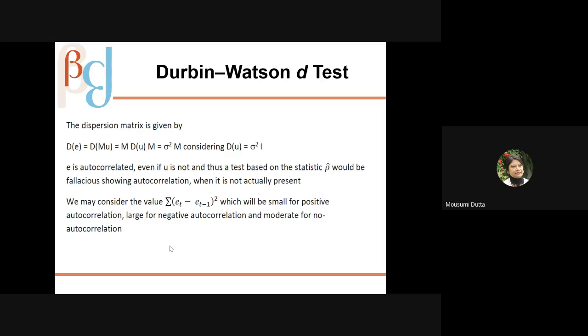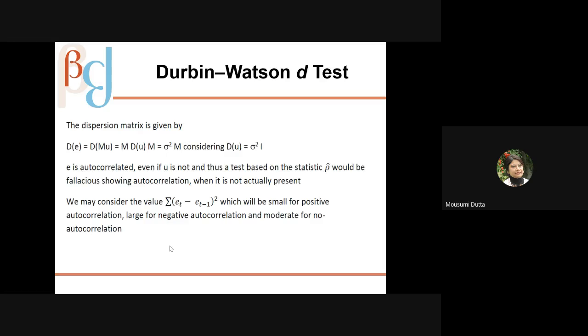The dispersion matrix of e, that is the variance covariance matrix of e, therefore should be given by the dispersion matrix of Mu. Now, M is the idempotent matrix based on X, which is non-stochastic.